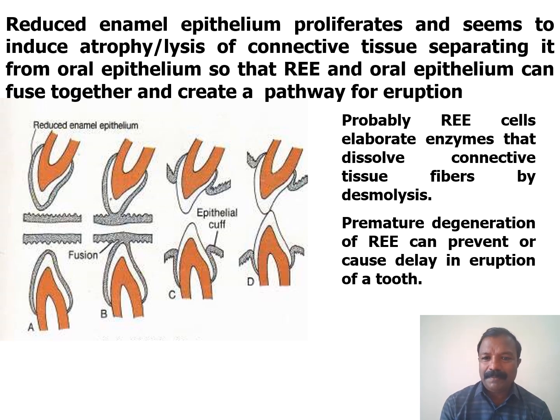These reduced enamel epithelial cells may elaborate certain enzymes that dissolve the connective tissue in between the reduced enamel epithelium and oral epithelium. And it has been proved that premature degeneration of reduced enamel epithelium can prevent or cause a delay in eruption of tooth. So in the eruptive phase, the reduced enamel epithelium has a major role.